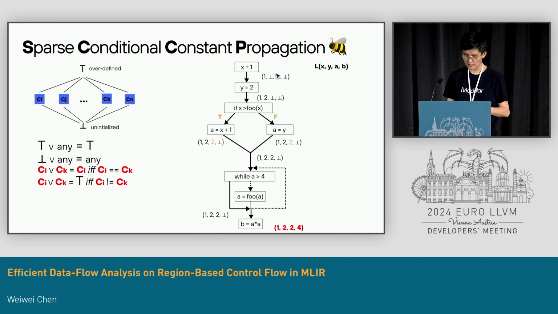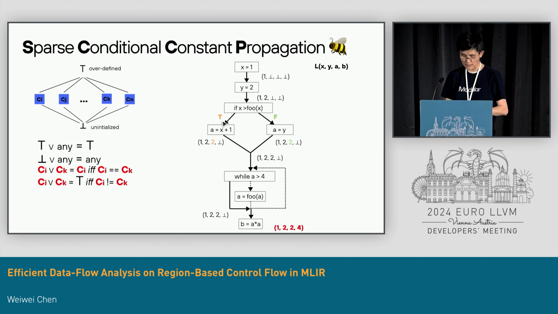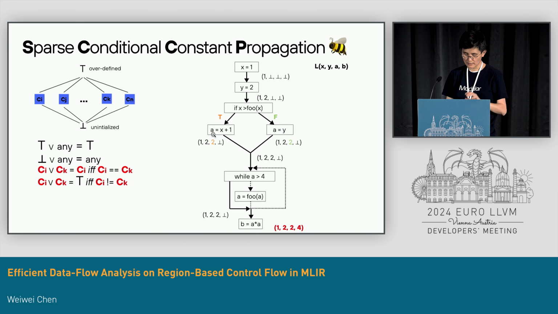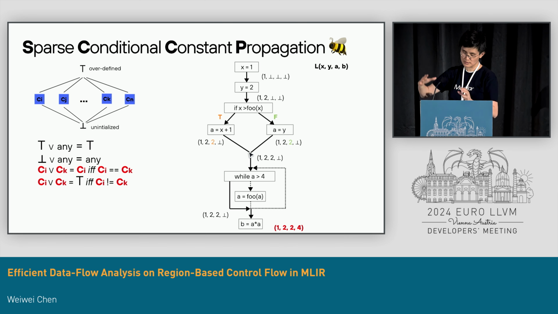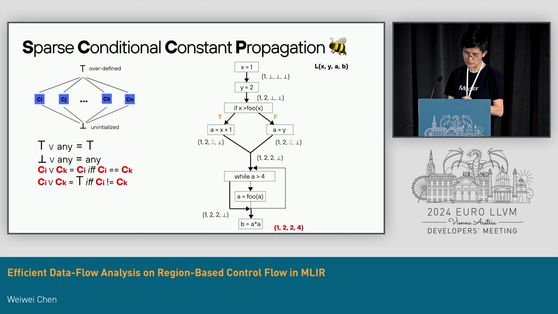For an example here, we have x equals 1, so we know the lattice value becomes 1, and y equals 2 becomes 2. We know that the if has 2 regions, so we have to go to both of the regions here. A on this branch is 2, and on the other branch it is also 2. At the end, we have to join these 2 regions because they both belong to the if operation.